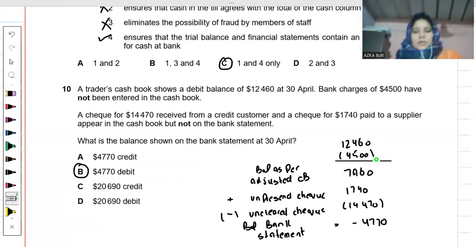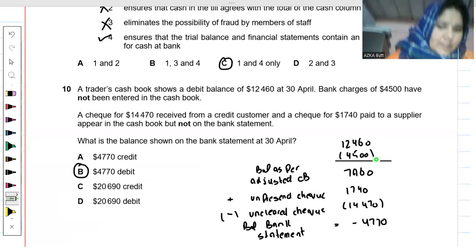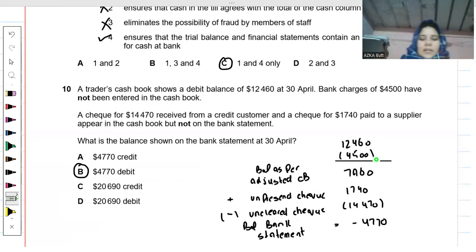Okay. So after that, we have the unpresented check, which is 1740, which the bank didn't record, but because this will reduce our bank balance, that is why we are recording it.